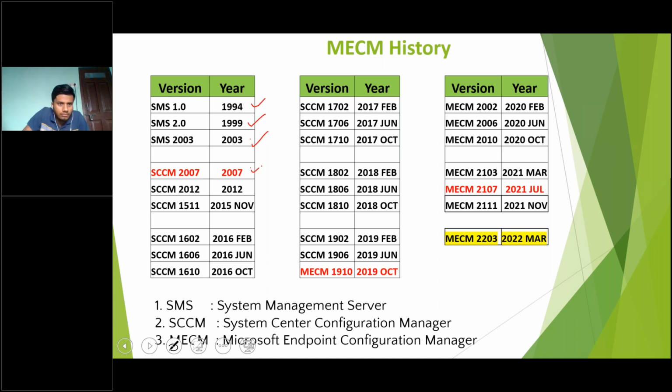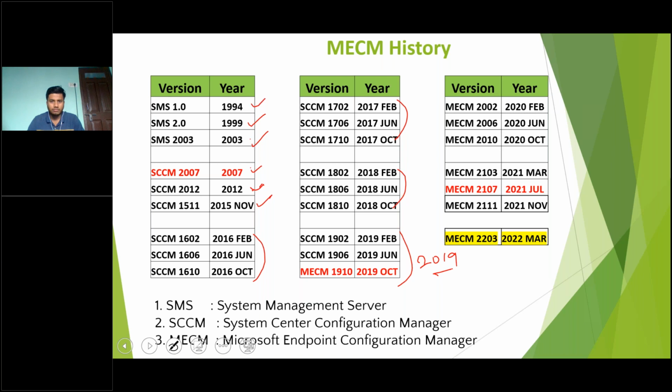Then SCCM 2007, SCCM 2012, SCCM 2015. They released 1511. These three versions released in the year 2016. These three versions released in the year 2017. Then these three versions in the year 2018. These three versions in the year 2019.